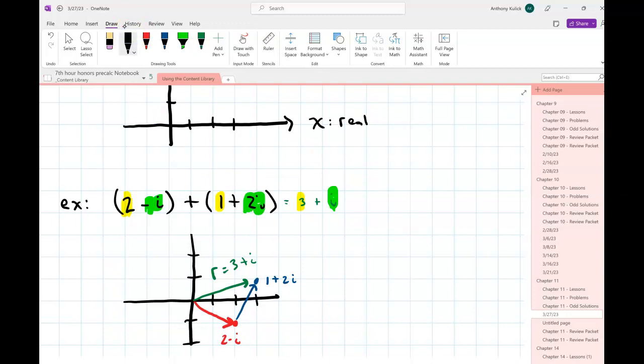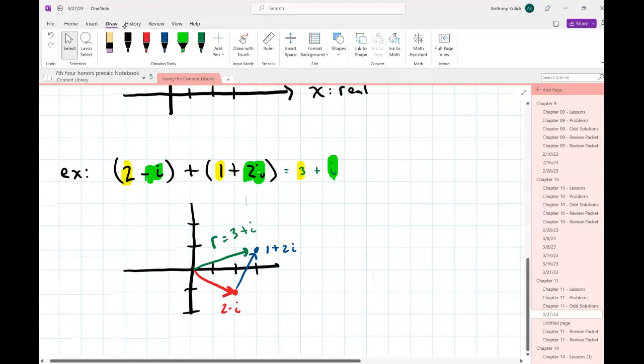That's pretty easy. So the standard form of these complex numbers, a plus bi, is basically the same as the component form notation for a vector. Everybody kind of see the same thing?